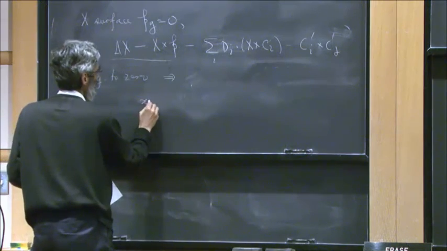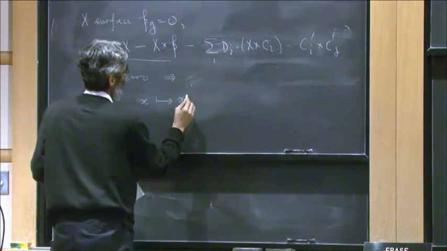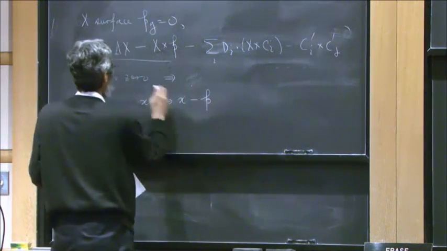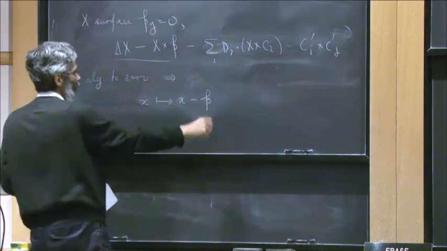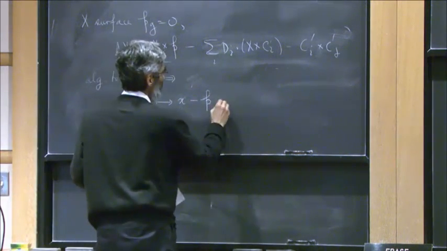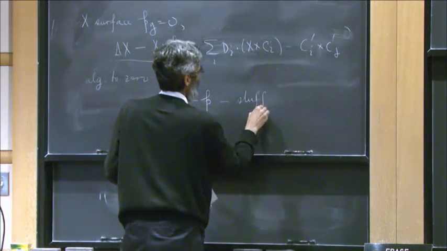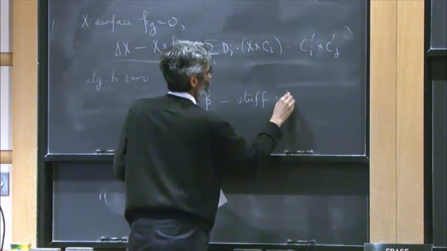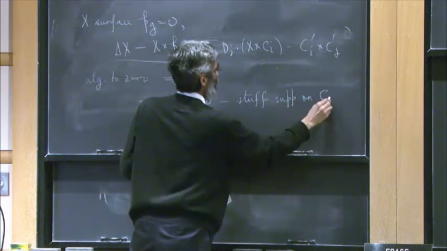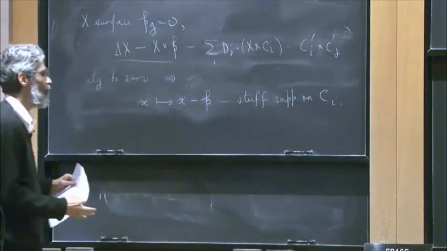It goes like taking an x goes to x minus p, the diagonal, pulling up, pushing forward, etc., minus stuff supported on the C_i, on various C_i. Right?